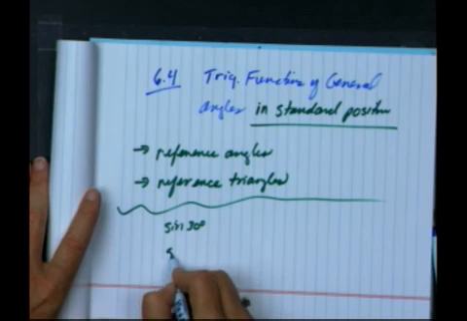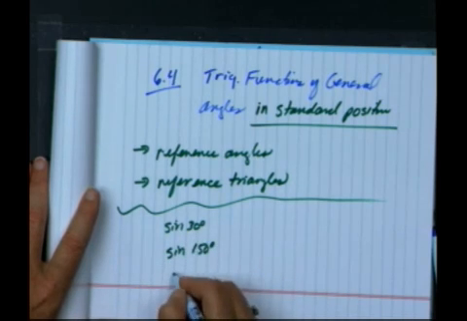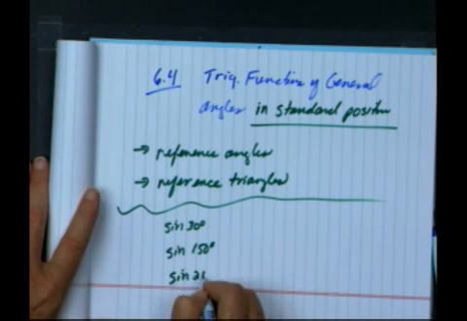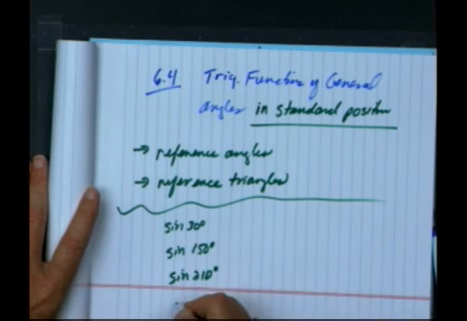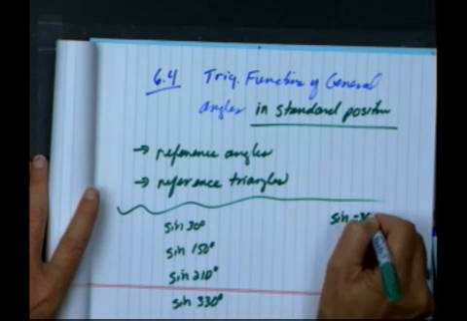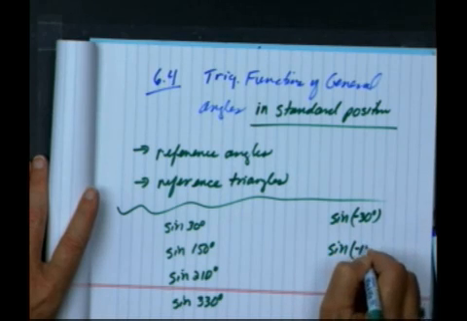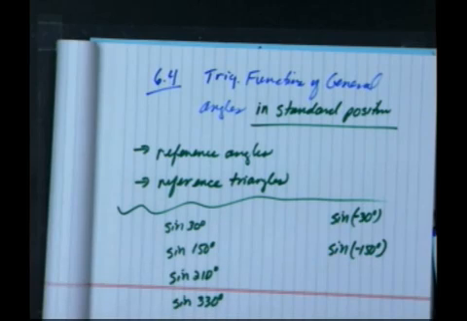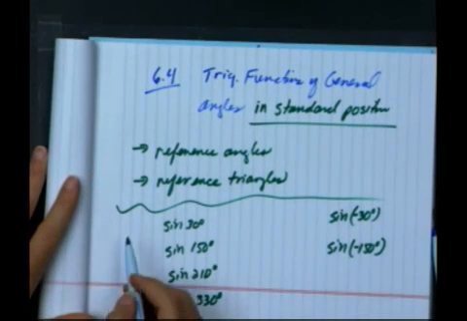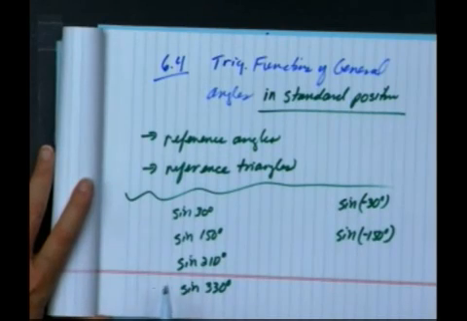We're going to look at the sine of 150 degrees, the sine of 210 degrees, and the sine of 330 degrees, and the sine of negative 30 degrees and the sine of negative 150 degrees, and by then we'll be tired. Okay? All right.